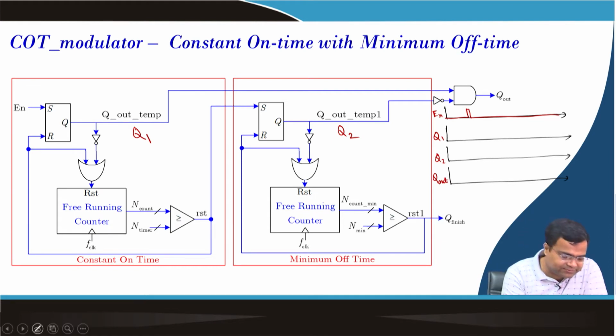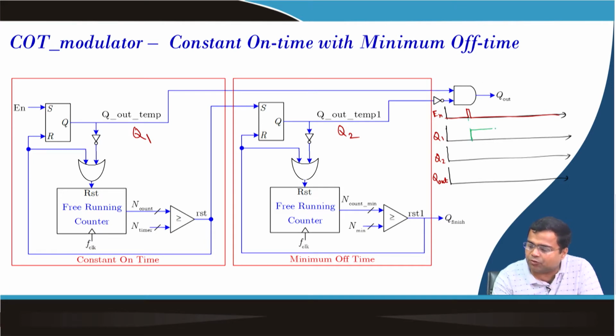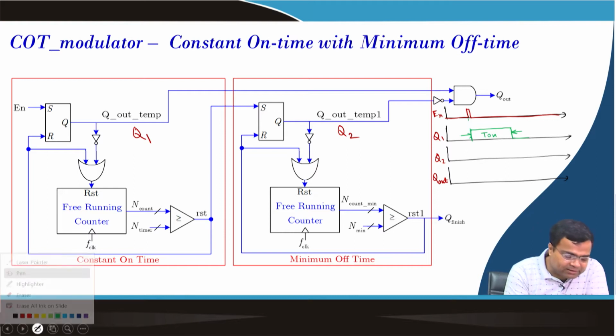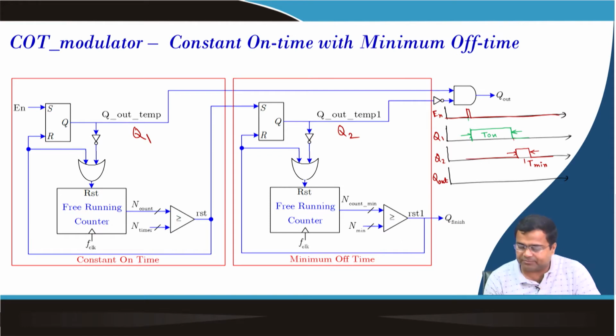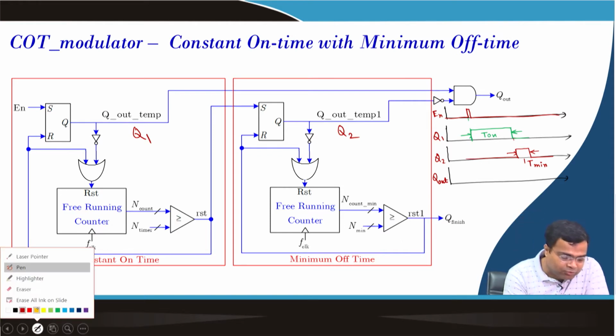Whenever this pulse comes, Q1 will go high, and it will stay enabled during this T on time. Then, when the T on counting finishes, Q2 will be high, and this duration is the minimum off time.